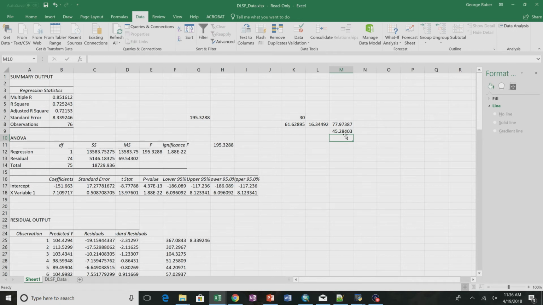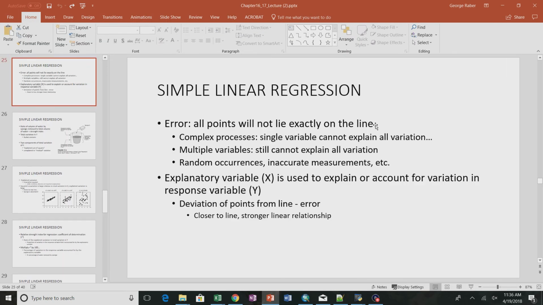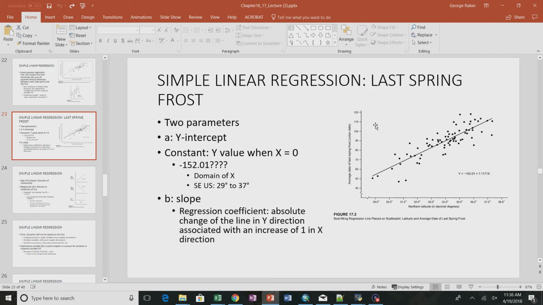Okay? Now, you have to be careful using these values, and the reason is, go back to here, this looks really scattered, and there's no pattern to it. But if there was a pattern to it, you shouldn't be using a confidence interval, because the confidence interval assumes that you've got a kind of shotgun pattern approach to it.